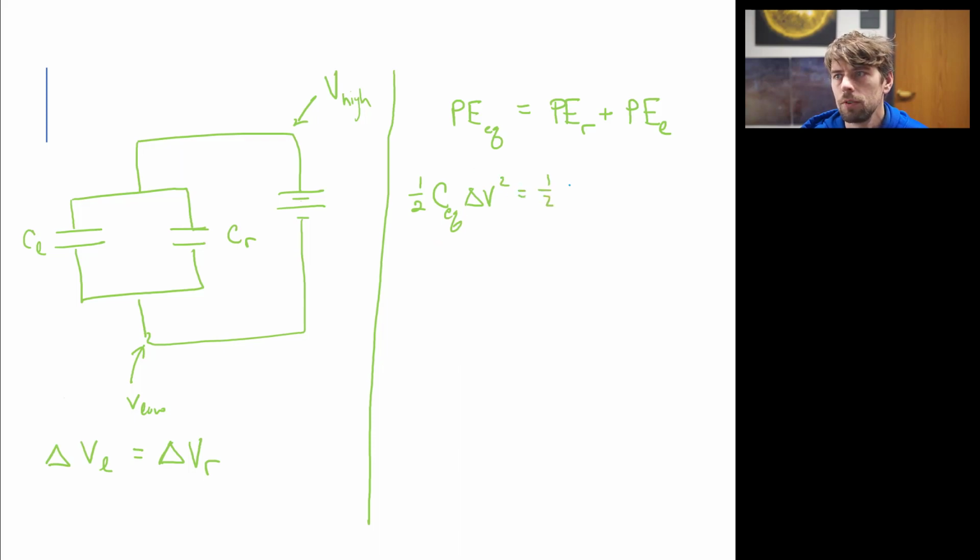And again, we'll do the same thing: 1/2 C, the right capacitance, times the change in potential across the right capacitor squared, plus 1/2 the left capacitor times the change in potential across the left capacitor squared. But again, here we are going to use the idea that those changes in electric potential are all the same. And so we can, oh goody goody, cancel those out.